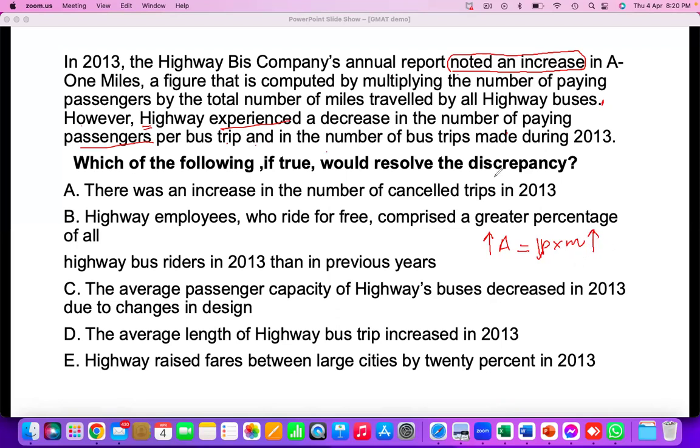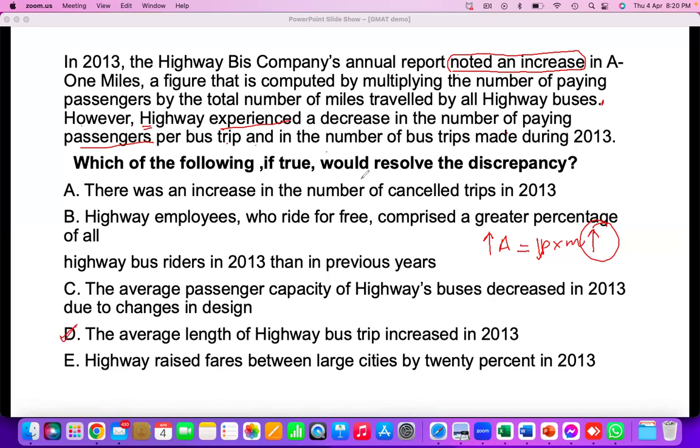This is the assumption in this question. Now go through all these options and tell me which option gives you information that miles traveled has increased. I still think D is the right one.